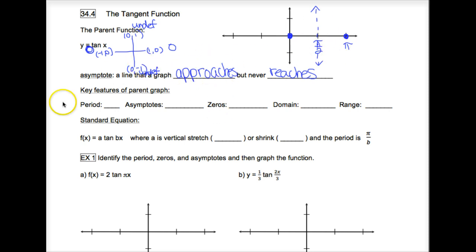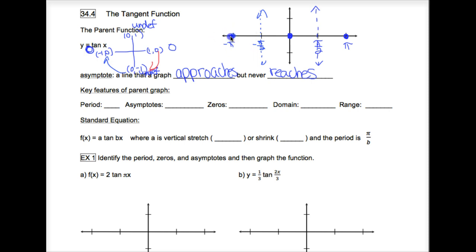On the other side, if we move in the negative direction and go this way, the tangent of negative pi over 2 is also undefined because I land right here. So at negative pi over 2, because it's undefined, I have another asymptote right there. And then as I move to negative pi, it'd be at 0 again.